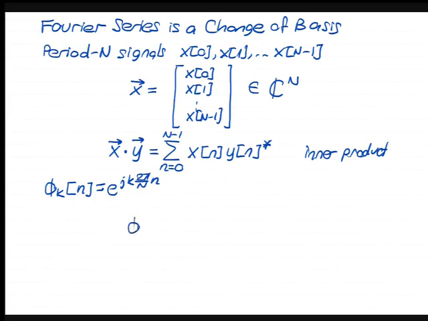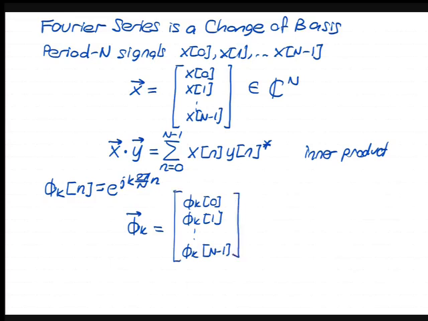I can say phi k vector is phi k0, phi k1, because those are also periodic with period n, so I can also represent them as vectors. Why not? And you'll see in one minute or less why I'm doing this.